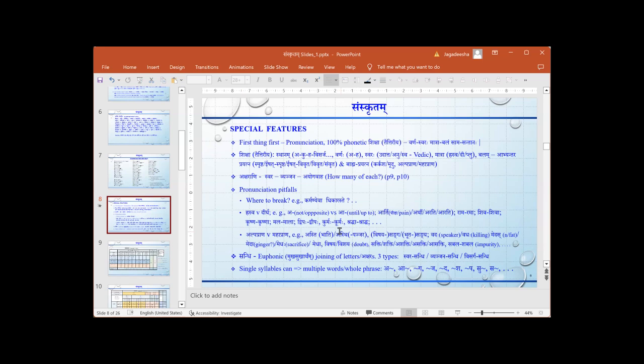Anushtup has 8 letters per quarter or pada, and generally the full verse is 32 letters. So if it's a two-liner in Anushtup, then the first line will be 16 aksharas, second line will be 16 aksharas. So most of the times, we give a pause at each pada or 8 letters. But sometimes, suppose the 8th letter and the 9th letter are connected by a samasa, then you are not supposed to break it in the middle, even if you get a little out of breath.